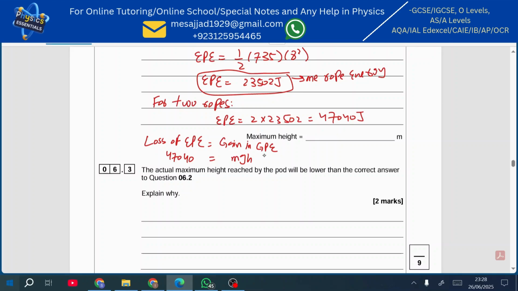And now the mass of the person who is standing in is 240 kg, right?